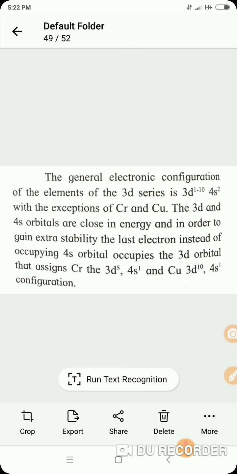The one 4s electron gets transferred to the 3d orbital and becomes 3d5 4s1 due to interelectronic repulsion, in order to acquire extra stability. The same happens with copper.